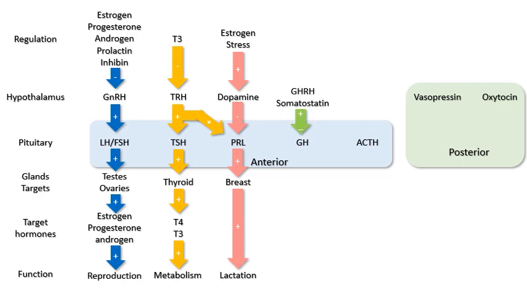Let's move to the growth hormone. The growth hormone actually is stimulated by growth hormone releasing hormone from the hypothalamus, and also at the same time the somatostatin has an inhibitory effect on the growth hormone release. The growth hormone by itself is not active.